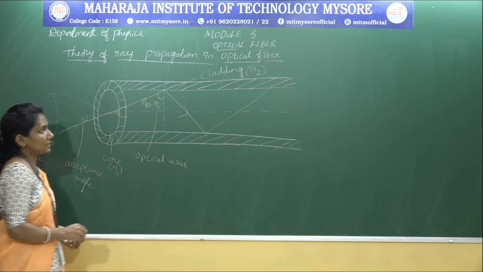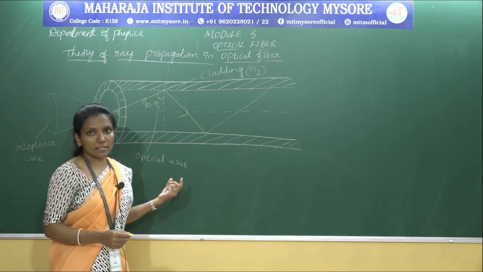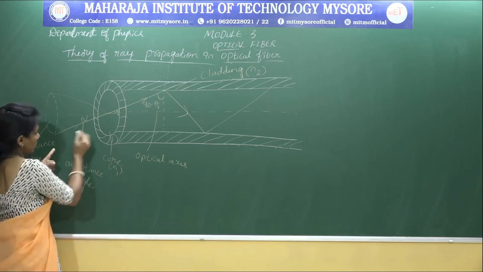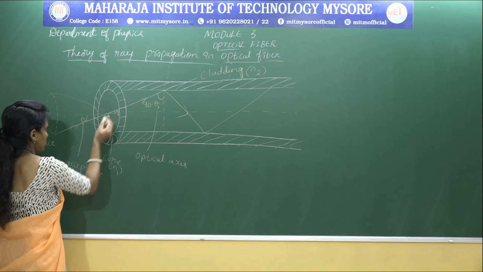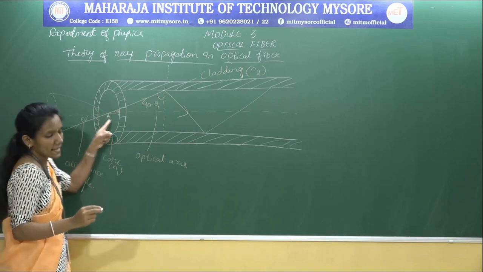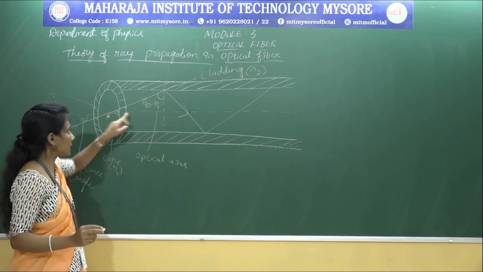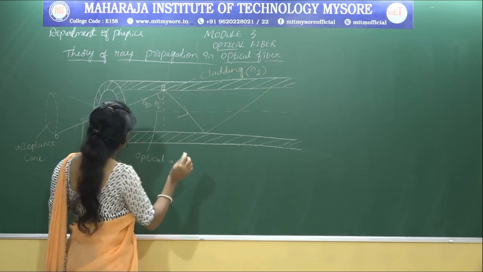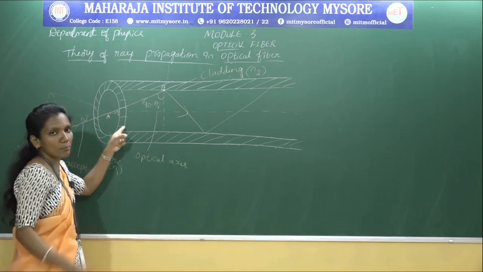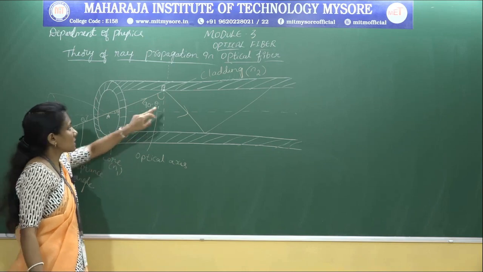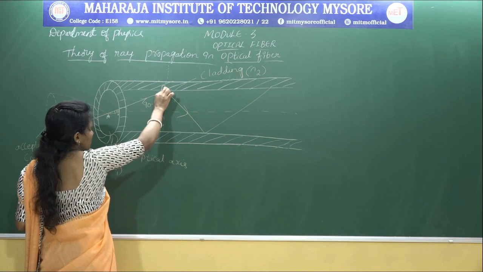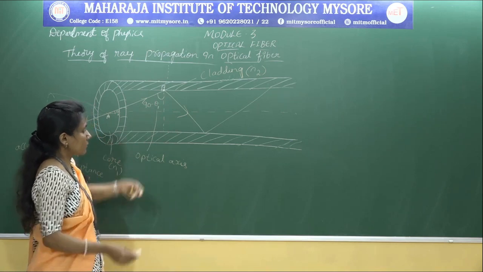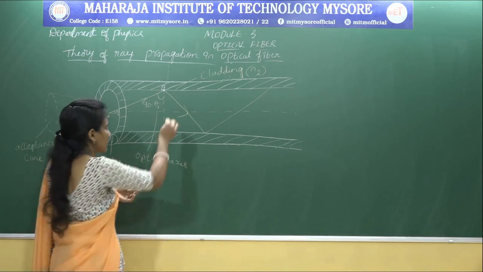And when the ray of light reaches the interface between the cladding and core region, so this light ray is named OA. When the OA light ray enters the optical fiber, consider this point as B. When a ray of light strikes the interface between the core and cladding, that light ray is reflected back into the same medium at point B. And when the angle of incidence is equal to the critical angle, at that time what will happen?